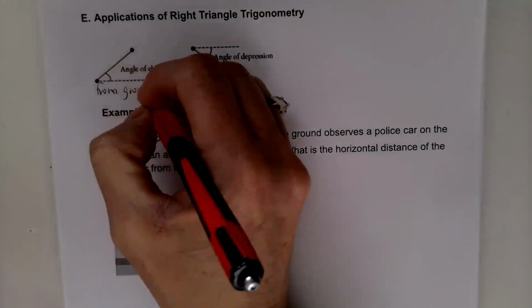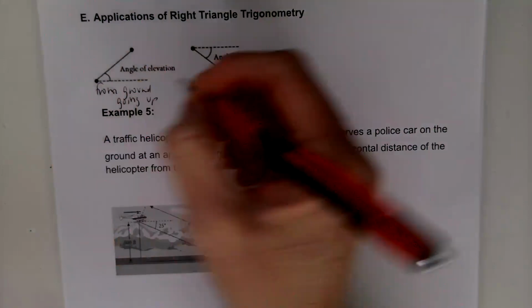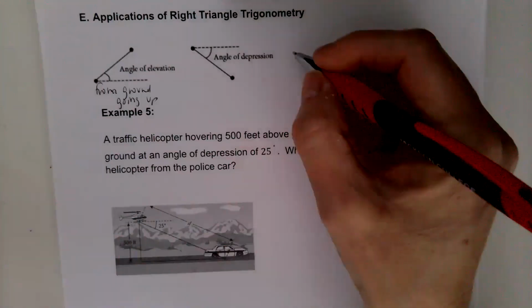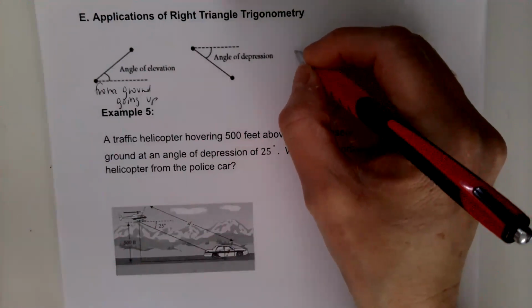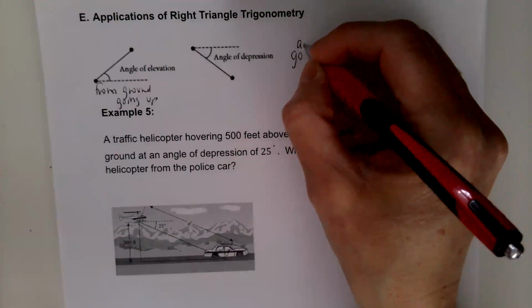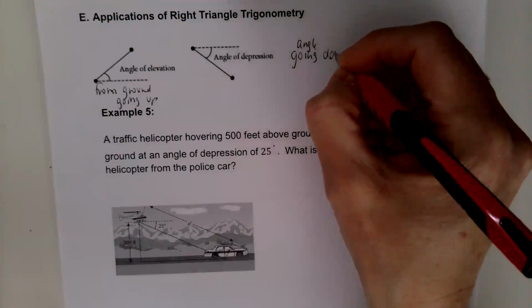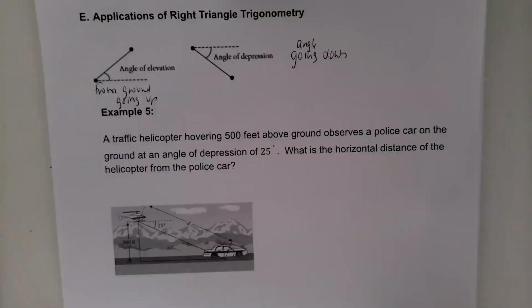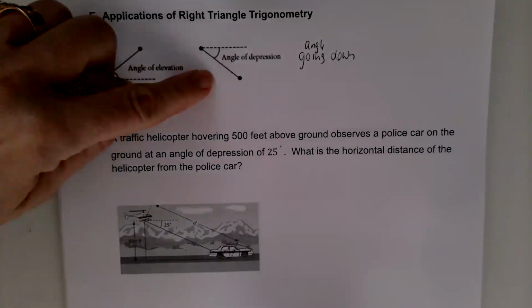Angle of depression is the angle going down. We have to know when we're describing a situation if we're talking about the angle of elevation or the angle of depression.